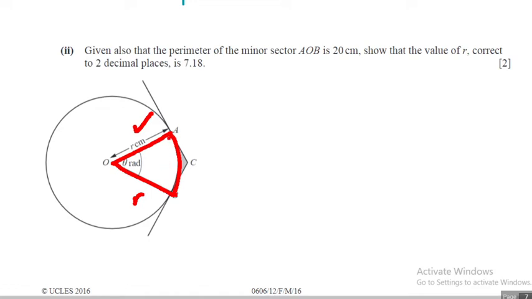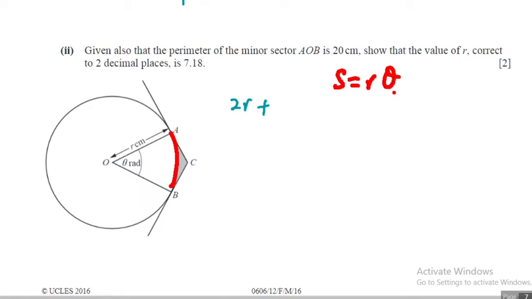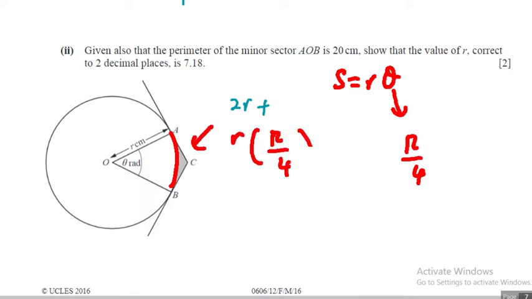So R plus R is 2R, plus this arc here. We know that arc is s equals R theta, right? We do have the theta just now, which is pi over 4. So this arc here is R times pi over 4.